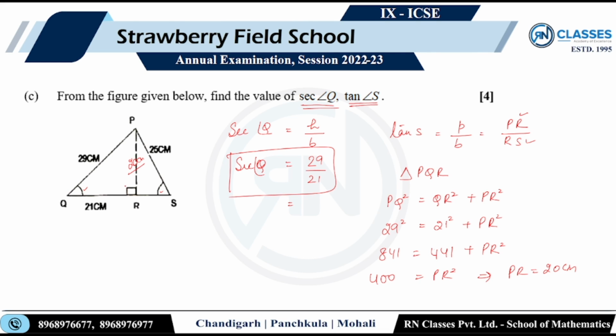अब ये मेरे पास आ गया 20 centimeters. ठीक है, अब ट्राइंगल देखते हैं, ट्राइंगल PRS. नाउ इसके अंदर PS का स्क्वायर इज इक्वल टू PR का स्क्वायर प्लस RS का स्क्वायर. अब PS that is 25 square, PR that is 20 square plus RS square, right? So इसको सॉल्व कर लेते हैं.